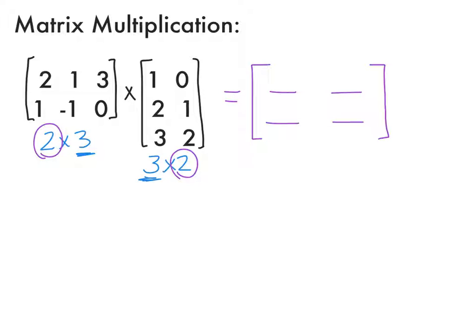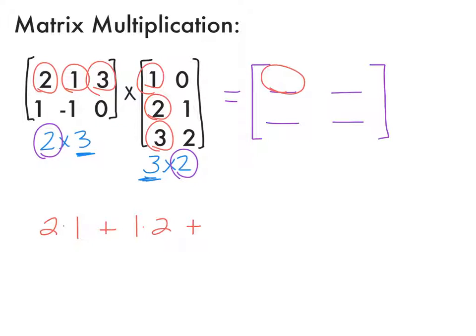So let's actually write that out. So this number is going to be the result of 2 times 1, so this number and this number, plus 1 times 2 plus 3 times 3. So that's going to give me 13.